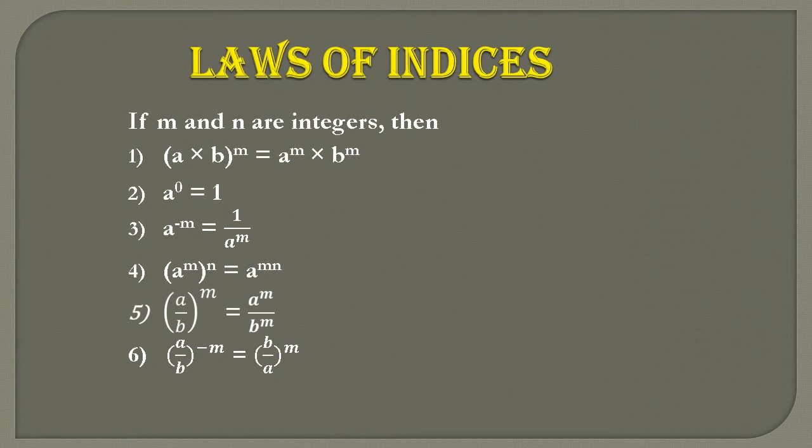Let us quickly revise the remaining laws of indices. If a and b are non-zero rational numbers and m, n are integers, then a into b raised to m is equal to a raised to m multiplied by b raised to m. A raised to 0 is equal to 1. A raised to minus m is equal to 1 upon a raised to m.